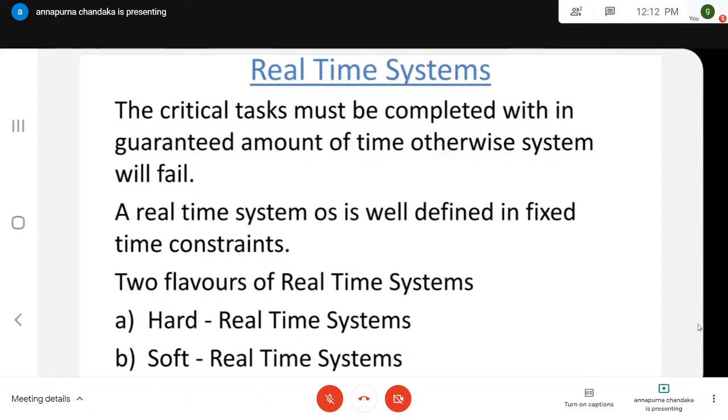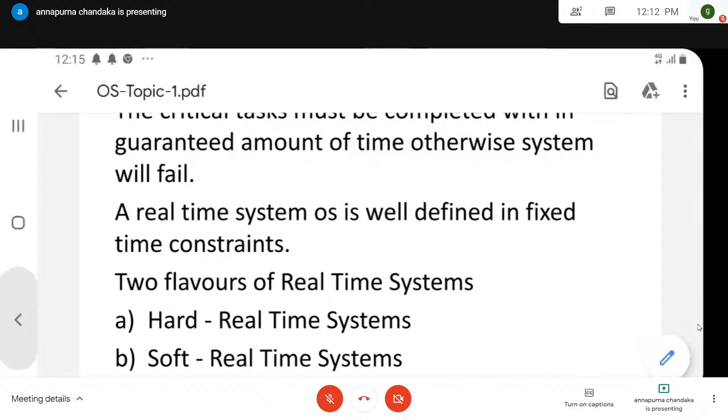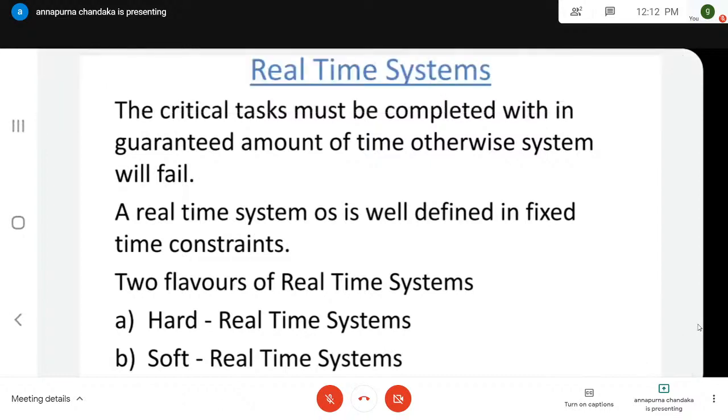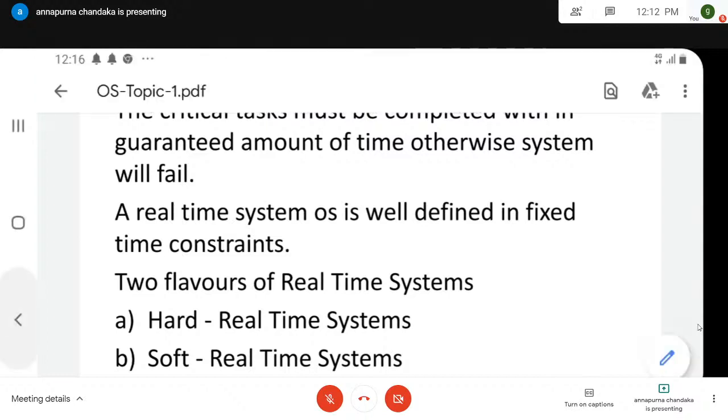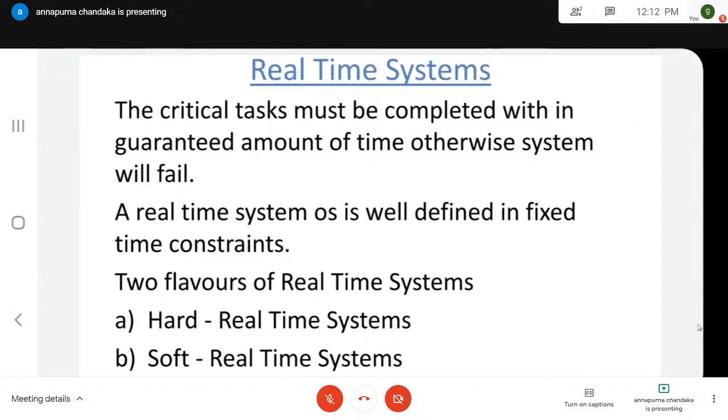The operating systems especially used in embedded system related software are called real-time systems.